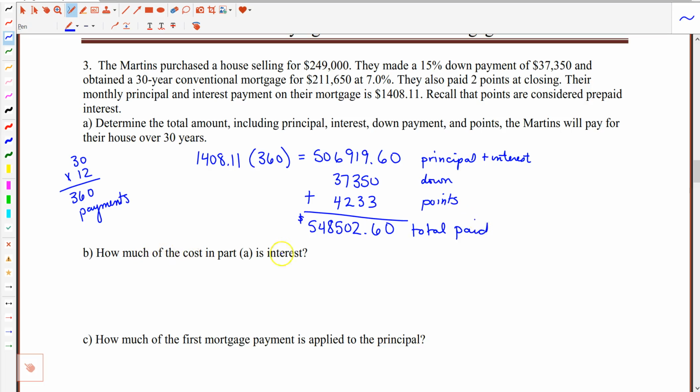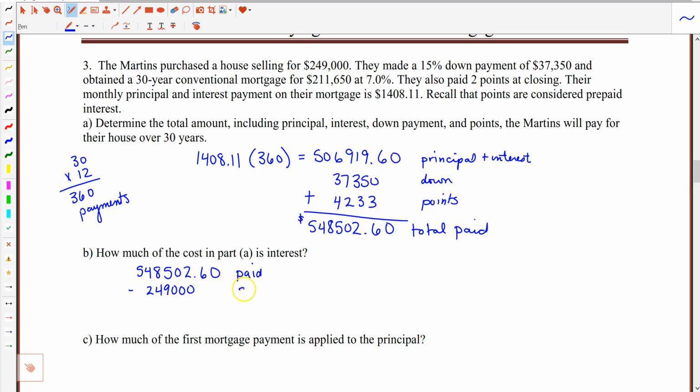Okay, so then how much of that paid out was paid out in interest? Now we're going to talk about two different ways to calculate this. One way is we could say, okay, if I paid out a total of $548,502.60, that's what we paid on a house that would have cost us, if we were able to come up with the money all up front, $249,000.